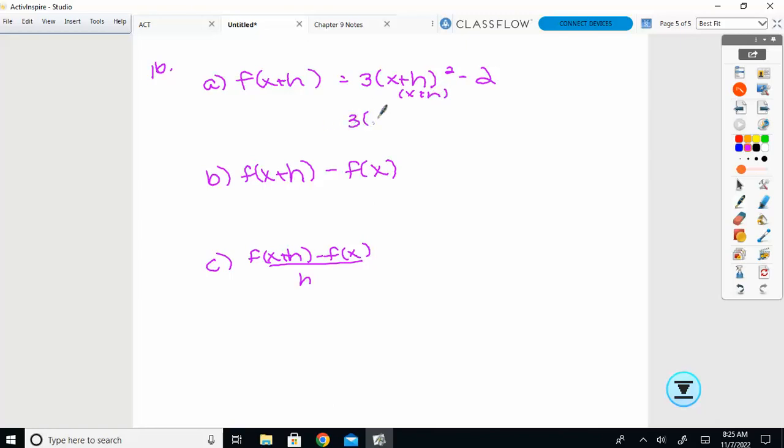That means there are 2 of them, so we have 2 FOILs. So x times x is x squared, plus xh and plus xh would be 2xh. H times h is h squared. Distribute the 3. And we get that.